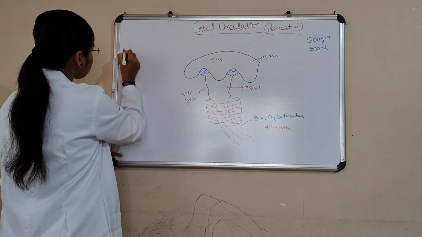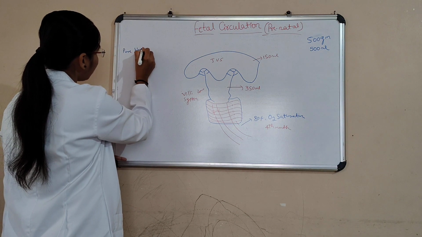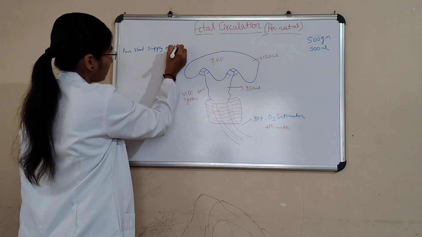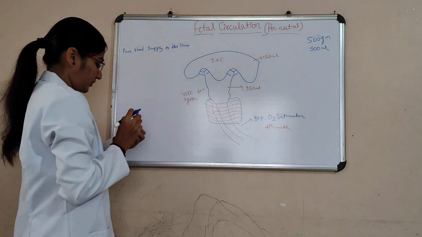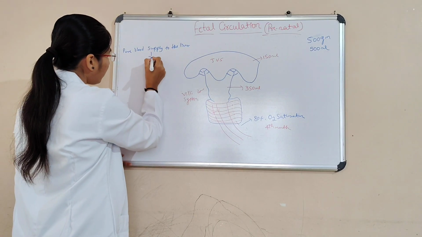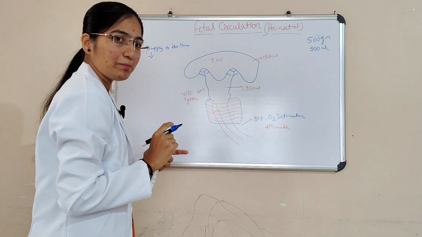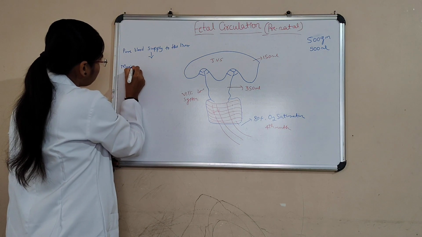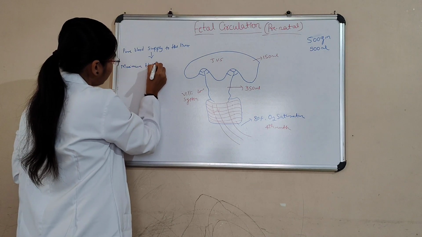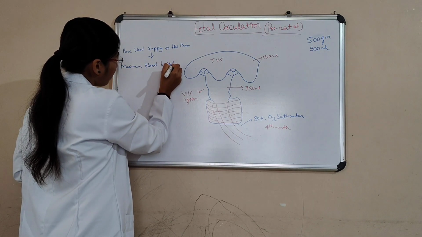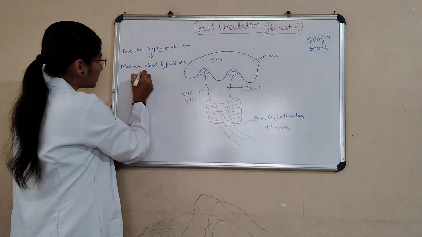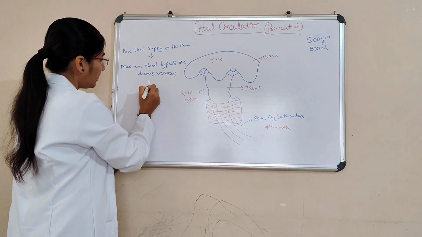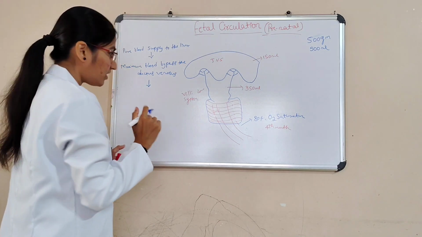First, pure blood supply to the liver, and then maximum blood bypasses the ductus venosus into the inferior vena cava.